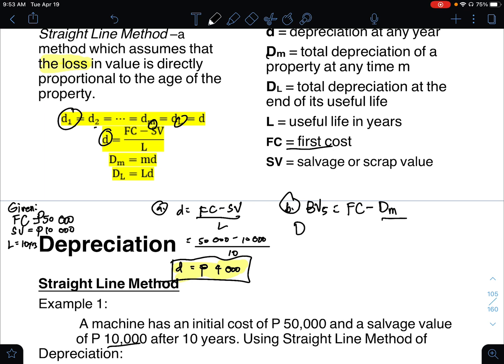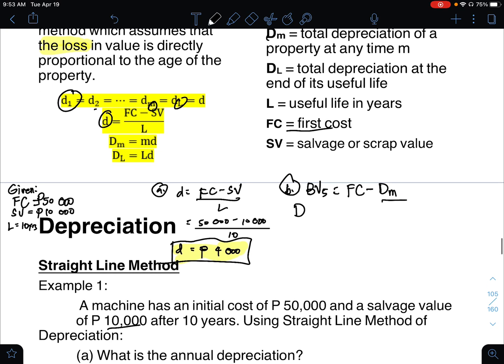So, unsa si DM? So, DM, D at 5 years, right? So, DM is equal to M times the depreciation, in which you already have the value of depreciation. So, DM is 5 times 4,000 pesos. So therefore, ang atong DM karon is 20,000. Okay? So nakabalo na tay first cost, nakabalo na tay DM, no?